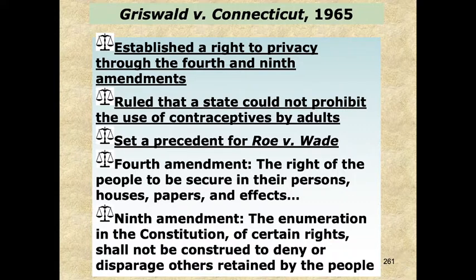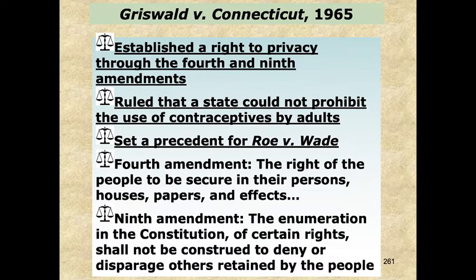So by using the Fourth Amendment, they're using this clause of the right of people to be secure in their persons, houses, papers, and effects. And then with the Ninth Amendment, they're saying that certain rights shall not be construed to deny or disparage others retained by the people. So remember, that's the whole powers reserved to the people clause right there in the Ninth Amendment. And of course, Fourth Amendment, right to privacy.